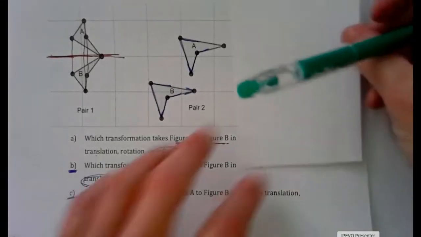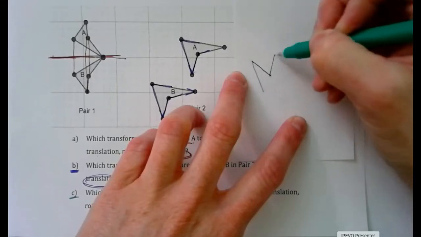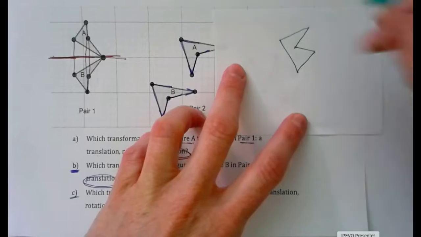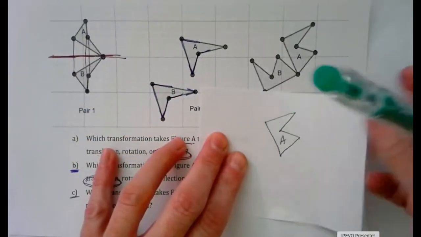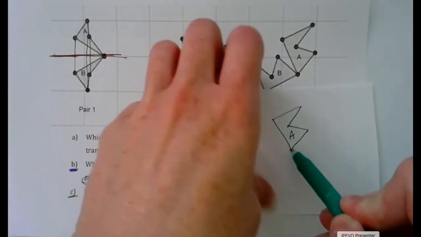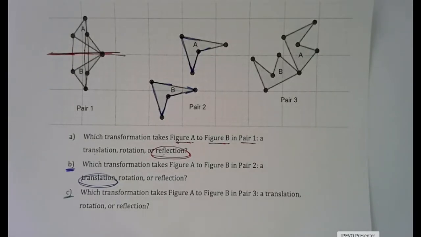Again, I don't have tracing paper, but if I were to trace this, oops. So if I were to start here at A, I rotated, cut this out really quick so you could see.